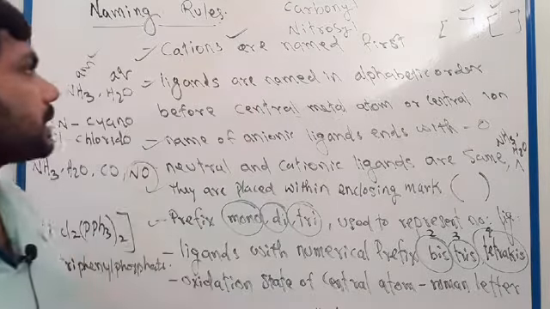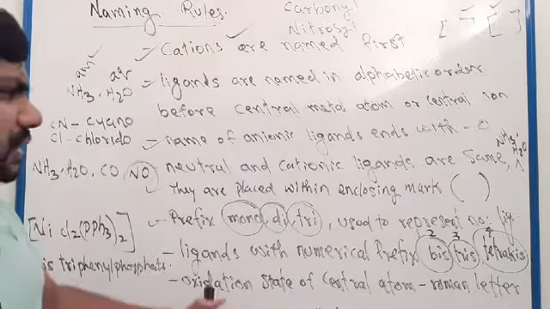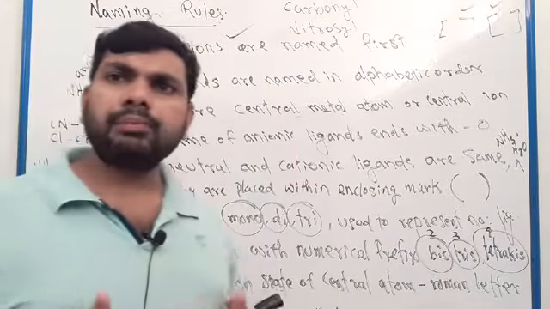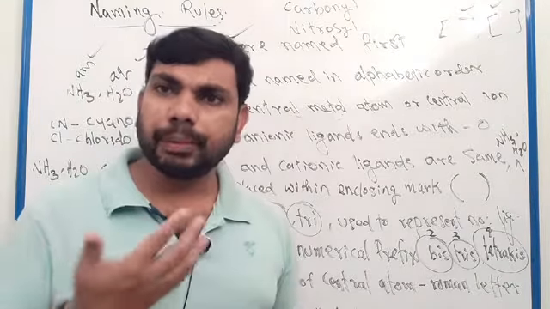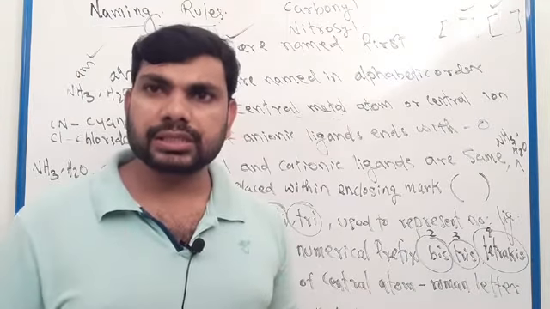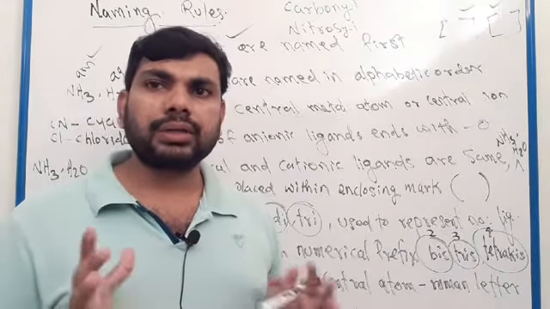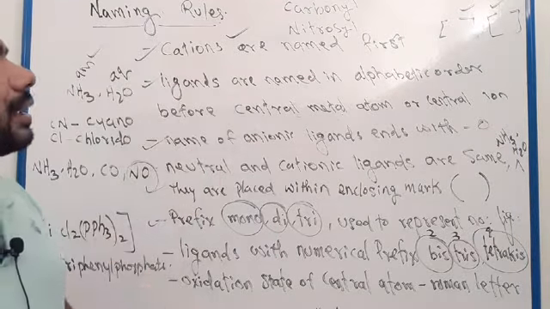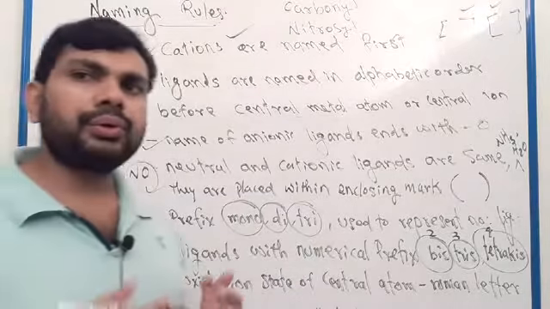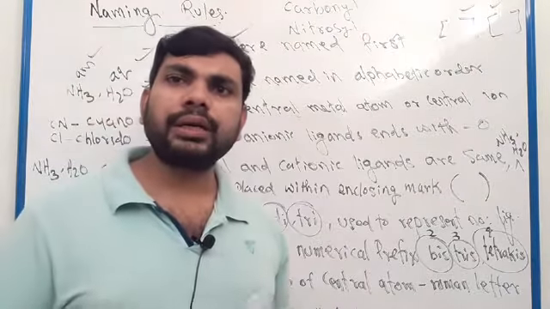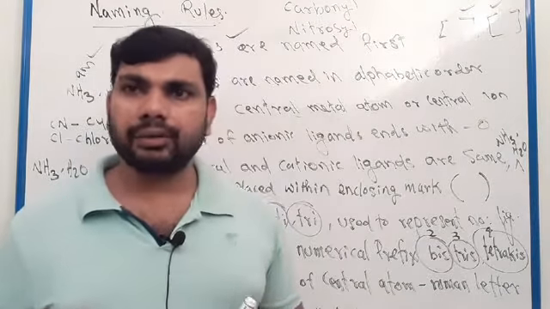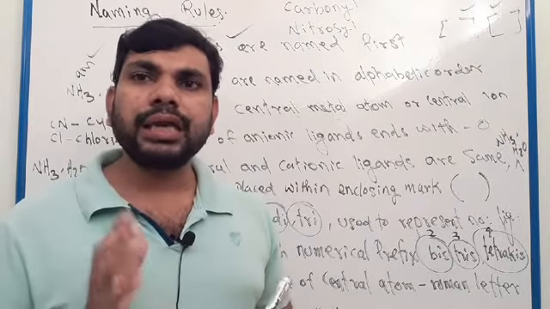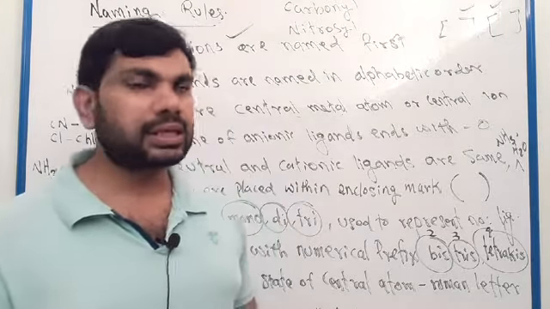So here we discuss some rules to name coordination compounds. No need to memorize these rules, you just understand what the rules are. Cations are named first. Imagine you have to name a coordination compound, it contains a cationic part and an anionic part, so you have to name the cationic part first.